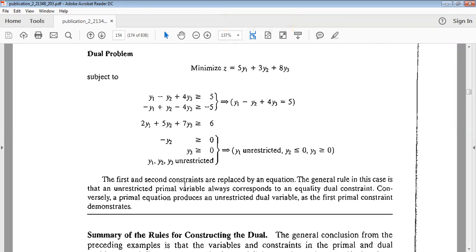The first and second constraints are replaced by an equation. The general rule in this case is that an unrestricted primal variable always corresponds to an equality dual constraint. Conversely, a primal equation produces an unrestricted dual variable as the first primal constraint demonstrates.